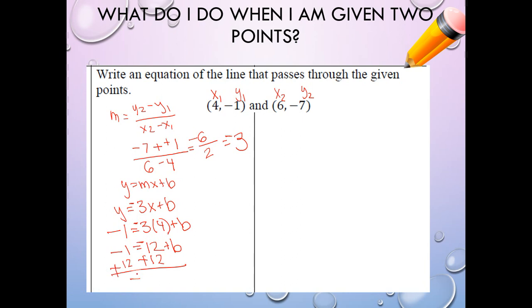So I should have a positive 11 for b. So I have my slope of -3 and b of positive 11, excuse me. So I should have y equals -3x plus 11 for my equation. So that is the different ways to write an equation given what you're given.